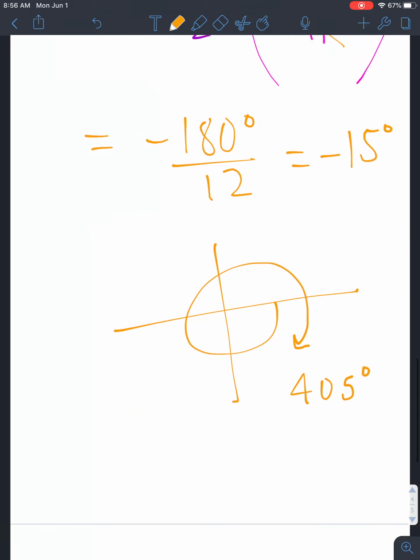To get the positive answer, you know that it's negative 15 this way, right? So this is 15 degrees. So you go around the circle once, which is 360, and then go around the circle the extra amount. That is something that you can do.